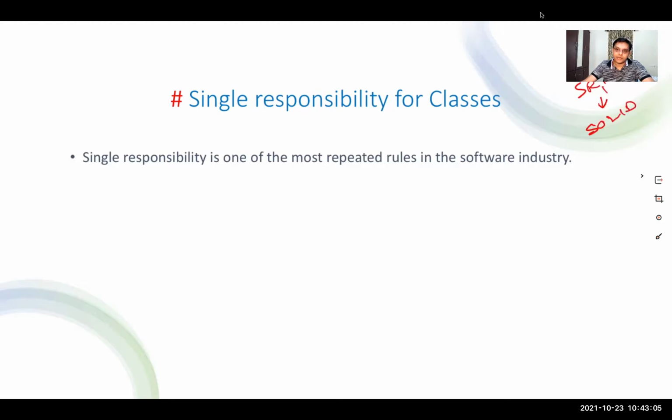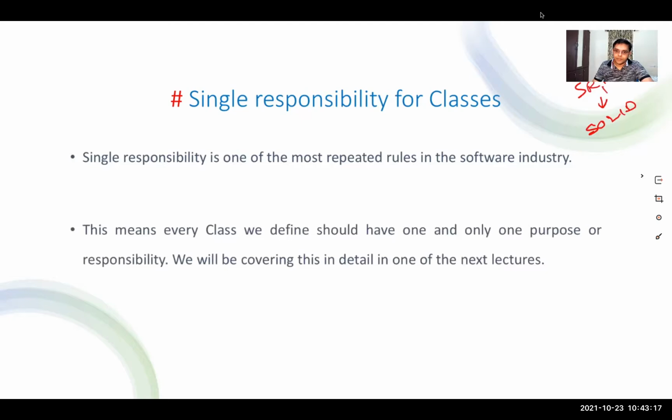We will be covering the SOLID principles in the next session. But SRP says that there should be one single responsibility. This means that every class we define should have one and only one purpose, one responsibility.